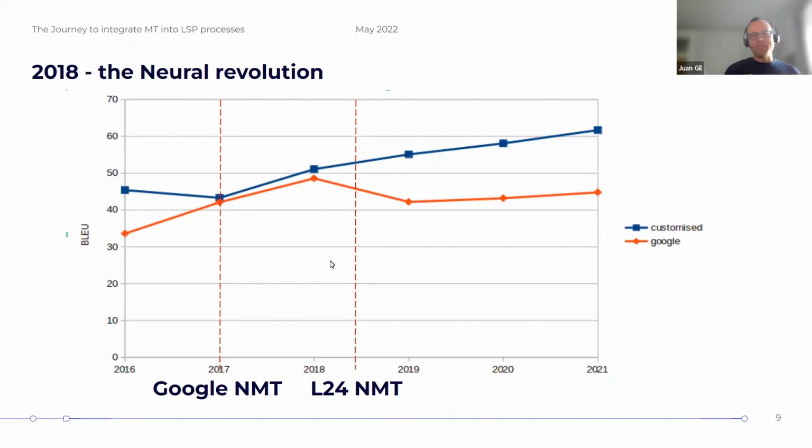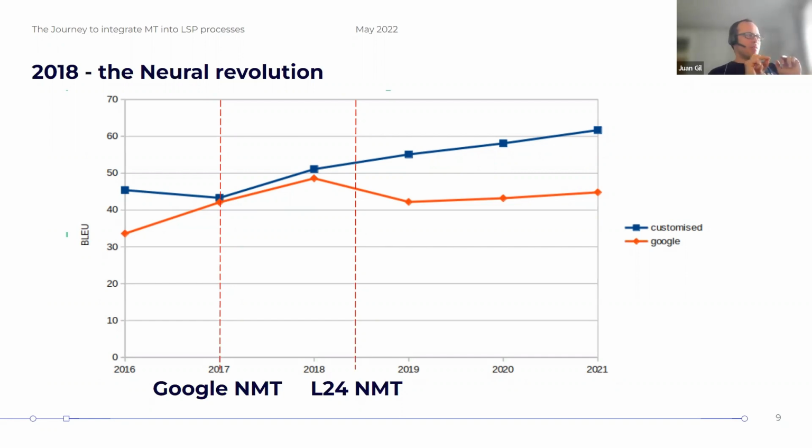So that brought a new concept or a new set of abilities in terms of machine translation. These are BLEU scores, which were mentioned before. We use something else these days, but I wouldn't have the scores for the whole journey. So just take it with a pinch of salt. But you can see how in 2016, our custom engines were ahead of your generic Google engine.